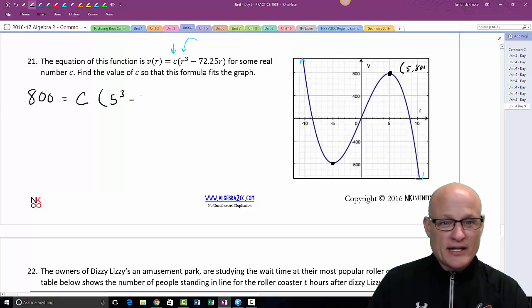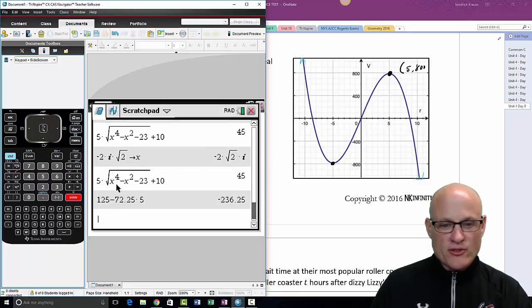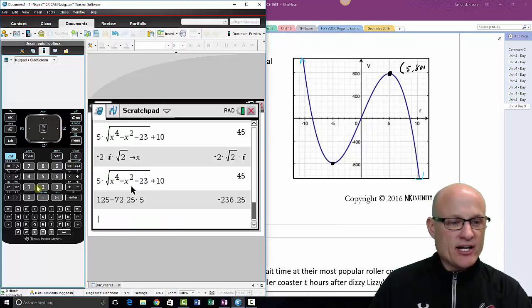So 5 cubed minus 72.25 times 5. So 800 is equal to C times, I don't know what that is, 125, that's 5 cubed, minus 72.25 times 5, negative 236.25. Divide 800 by that.